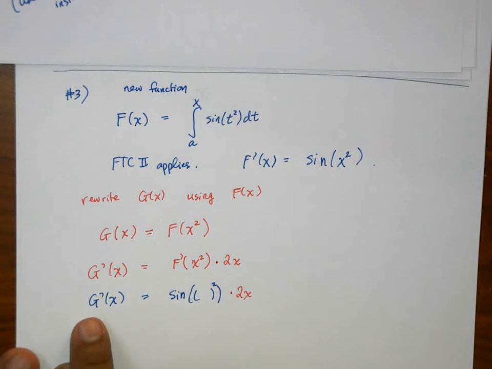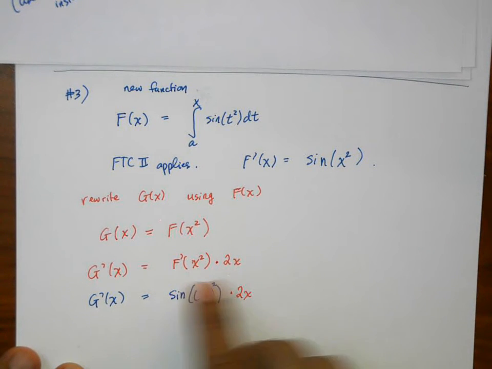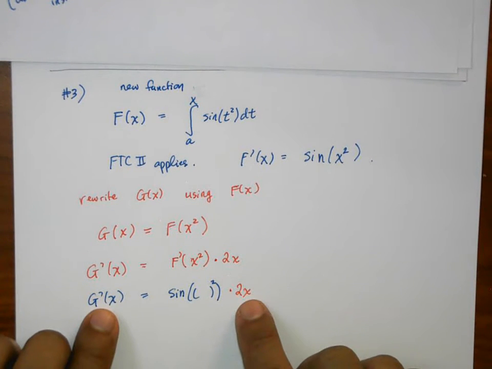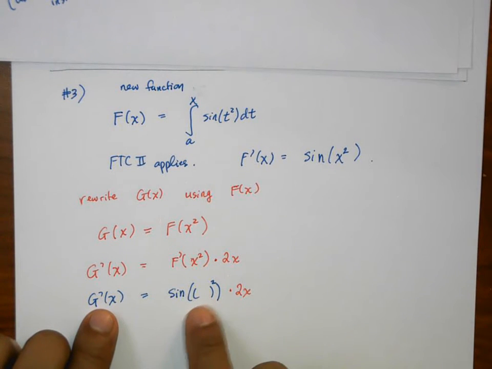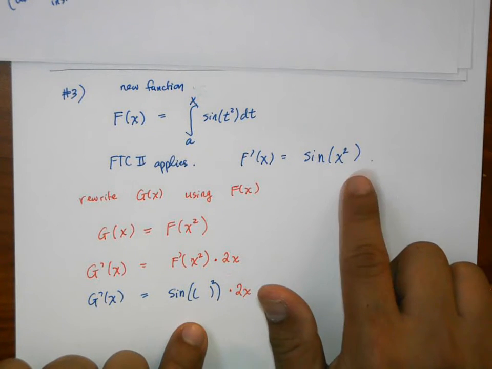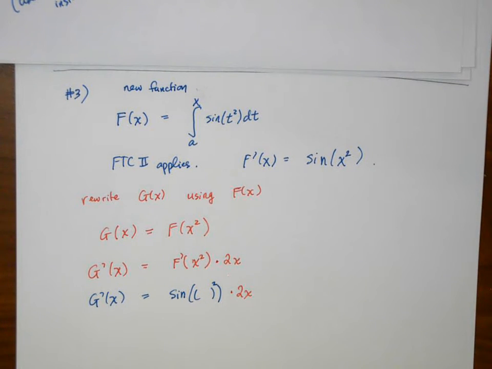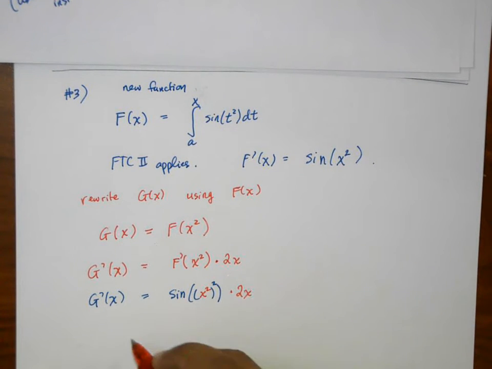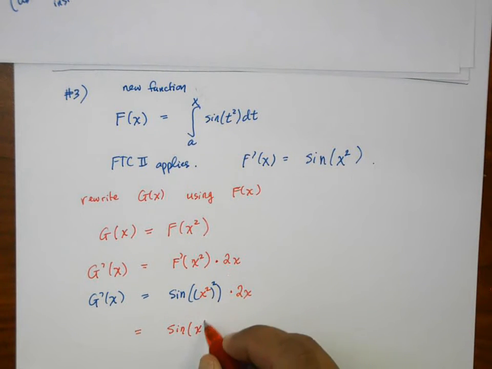So we have G prime of x is F prime of x squared times 2x. I've replaced F prime with this expression because that's the meaning of F prime. So now I'm just going to plug in x squared to this. So this gives us sine of x to the fourth times 2x.